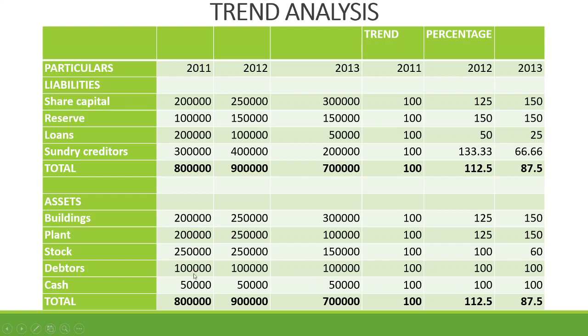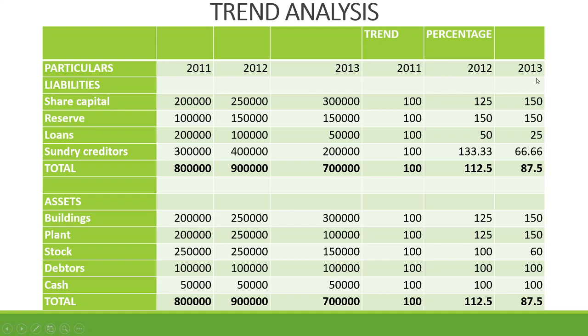Debtors, 1 lakh divided by 1 lakh into 100, that is 100%. Again cash, it's the same, 50,000 divided by 50,000 into 100, it is 100%. So finally the total 7 lakhs divided by 8 lakhs into 100. That is 87.5.